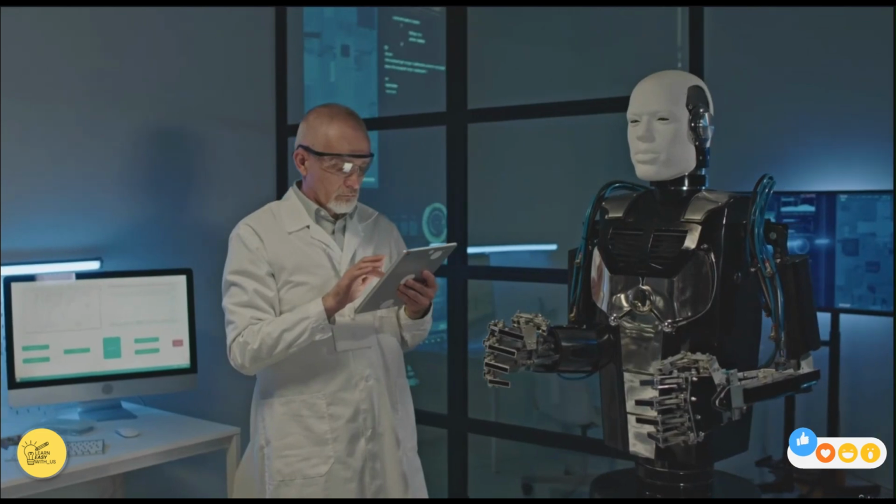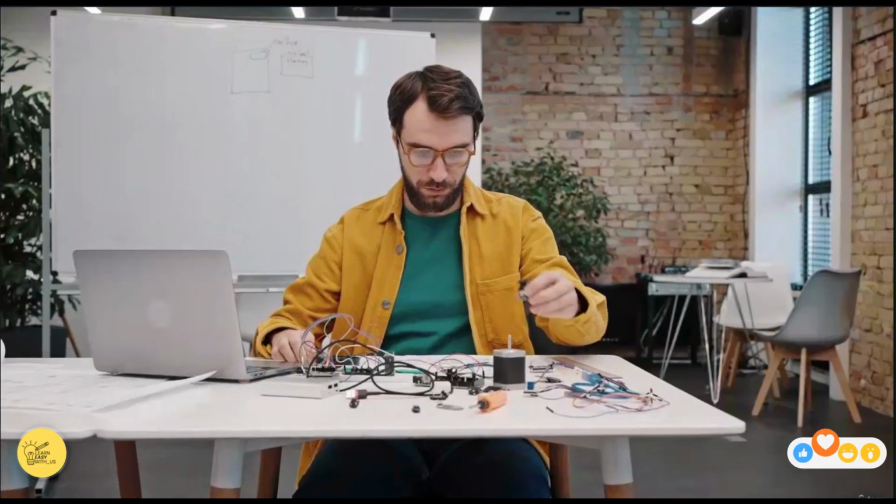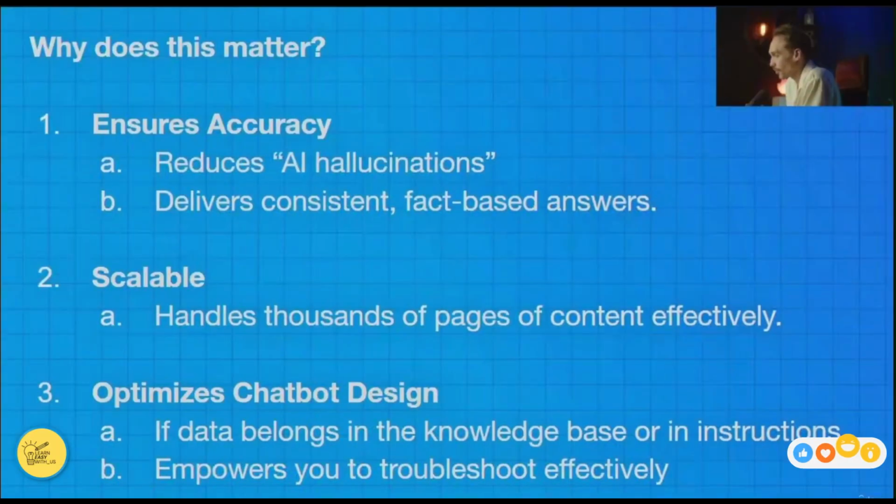Understanding how RAG works also empowers you to troubleshoot effectively. For example, if your chatbot isn't responding as expected, you can decide whether the content should be in the knowledge base, where it retrieves chunks of information as needed, or in the chatbot's instructions, so it's always available during interactions. This helps you fine-tune responses for maximum relevance and accuracy.